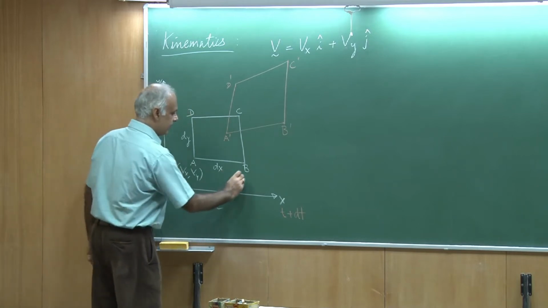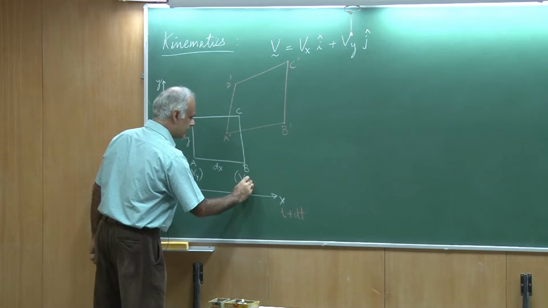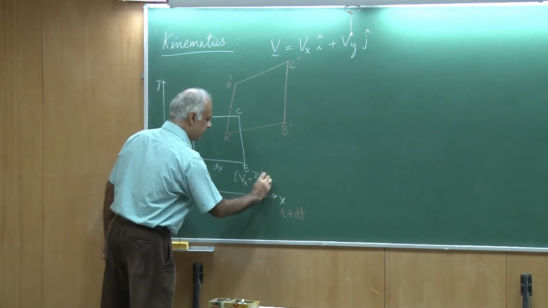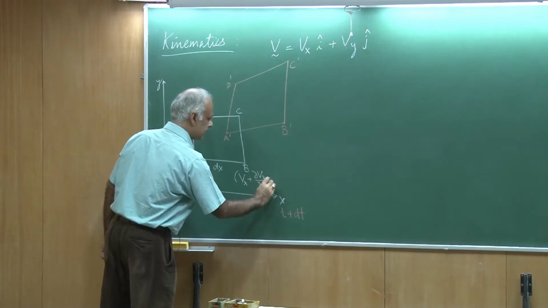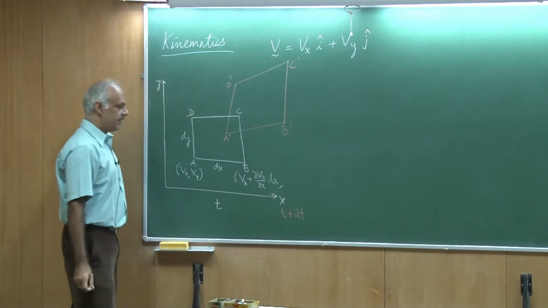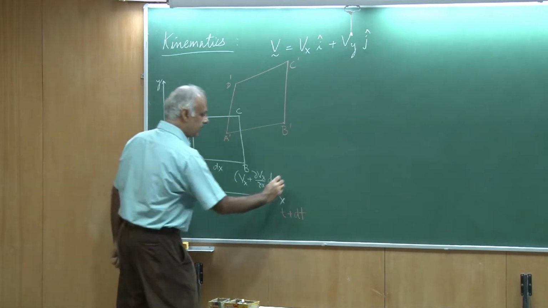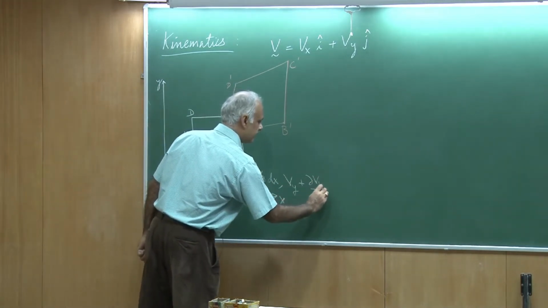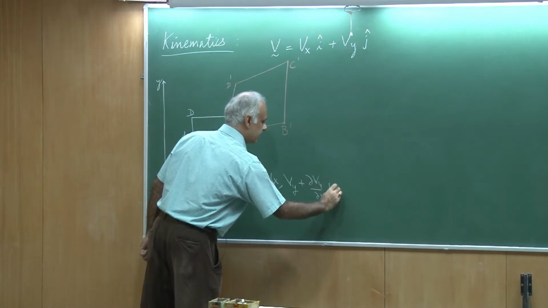At B, using the Taylor series expansion, I could say the velocity at B is Vx plus del Vx by del x dx, and similarly the y velocity is Vy plus del Vy by del x dx.